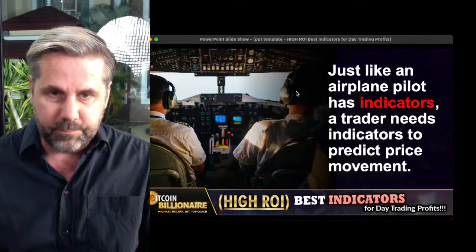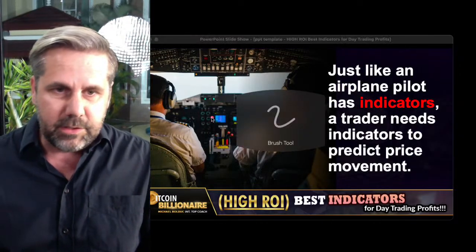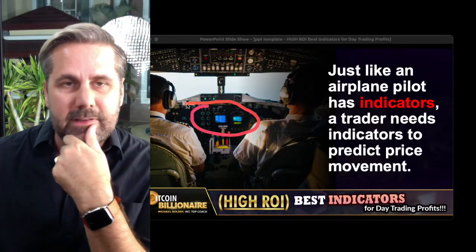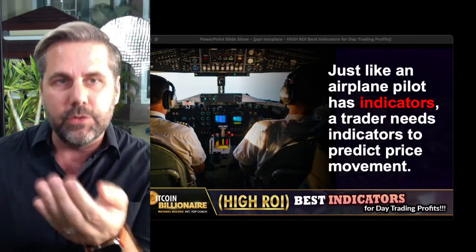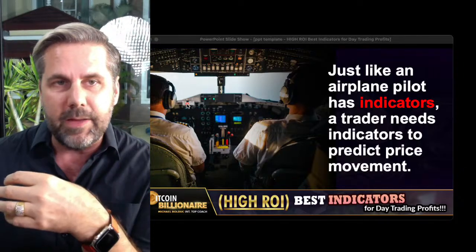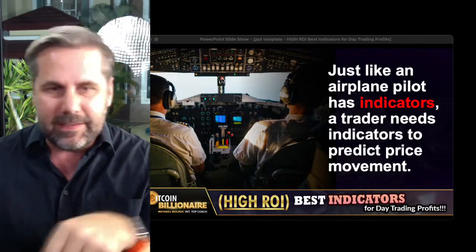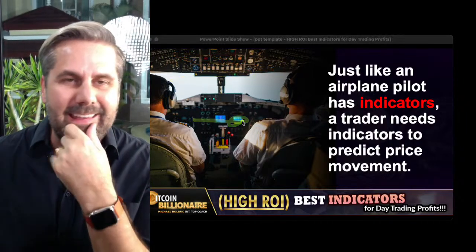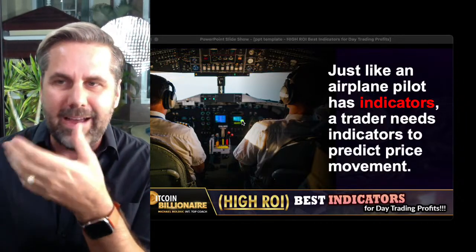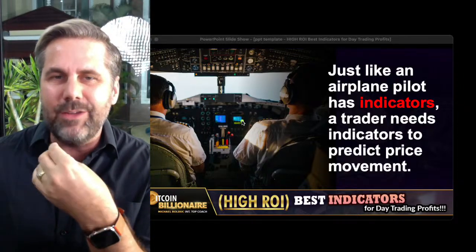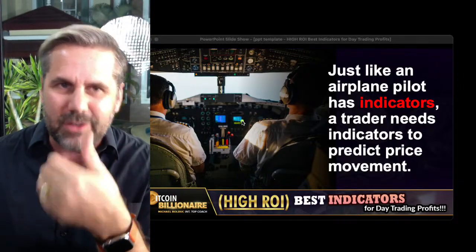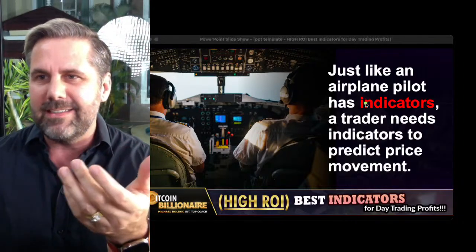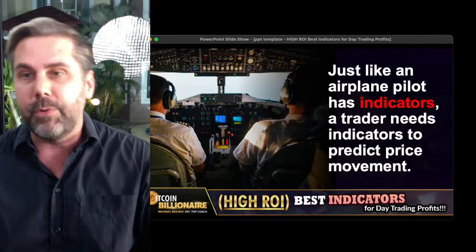As an airline pilot, you have these indicators that let you know if you're getting closer to your goal or further away. Pilots have a lot of indicators, everywhere on here and down here. I don't understand any of them because I'm not an airplane pilot, but I understand that they need indicators so they don't crash and so they can get to their destination. That's very important.